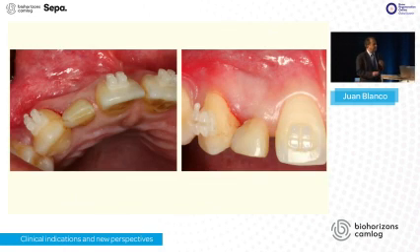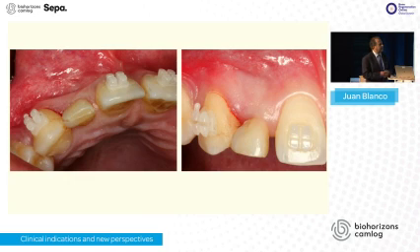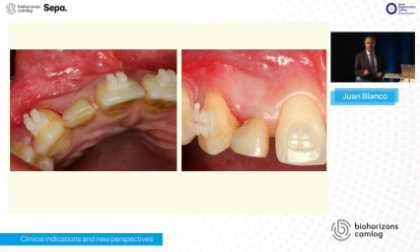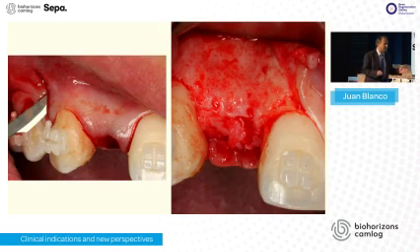Let me share with you another application that already has been shown by my colleagues, is to increase the volume. But for increasing the volume, sometimes it's enough with a connective tissue graft, or why not, a Novo Matrix, such as in this case. This is a patient with a deciduous lateral, the number 12. We have to extract this tooth, and of course we're going to install immediately an implant.